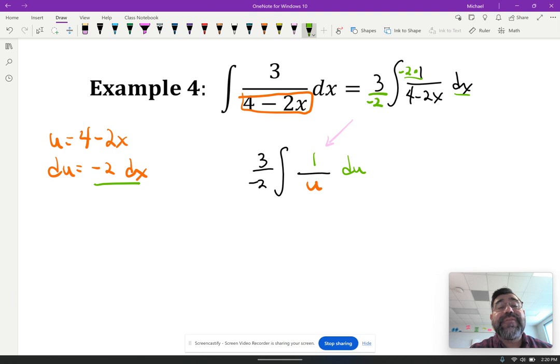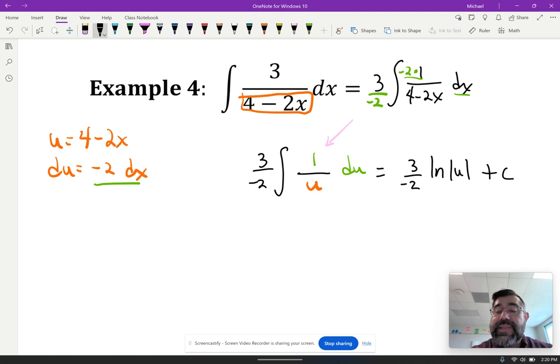Does that look like a familiar antiderivative that we can take? It was one of the 5 rules that Brian told you have to know. Stone cold, you got to know these antiderivatives right away. This antiderivative would be the natural log of the absolute value of u, except I have a constant in front, and then plus c. Does that make sense?